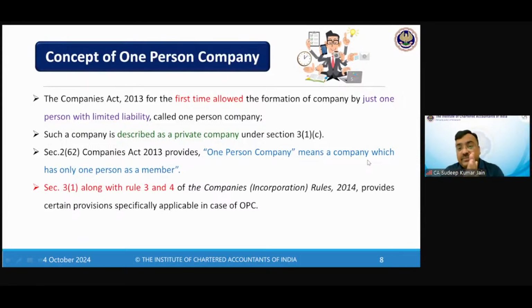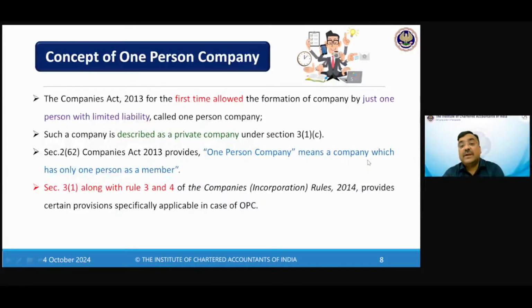Concept of OPC, one-person company. This concept was again first time recognized in the Companies Act 2013. In the Companies Act 1956, there was no concept regarding OPC. So the Companies Act 2013, for the first time, allowed the formation of a company by just one person with limited liability, called OPC.